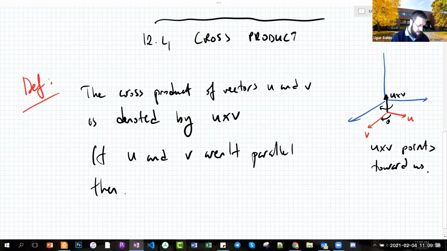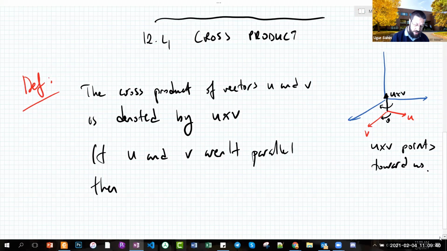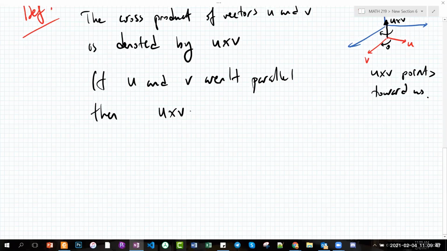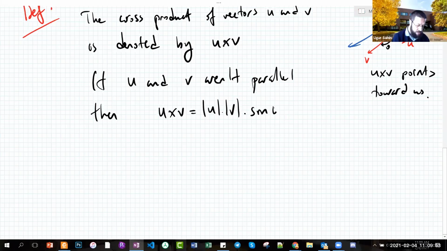Then, if they are not parallel, this is our definition: sine theta times n.